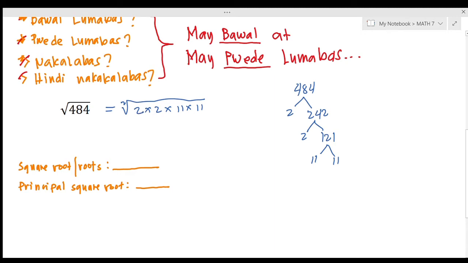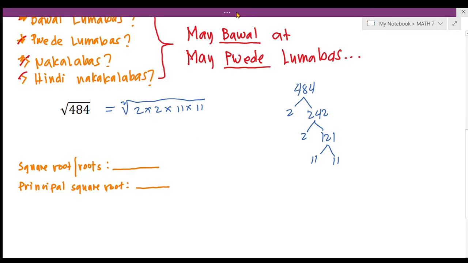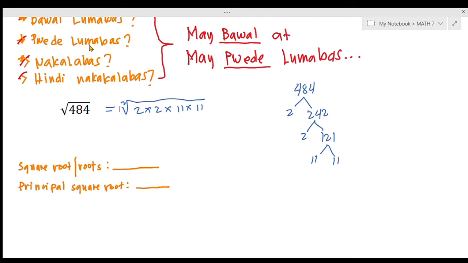They are the same number, so we can partner them. This will be the result. We underline them, and 11 times 11 can also be paired.